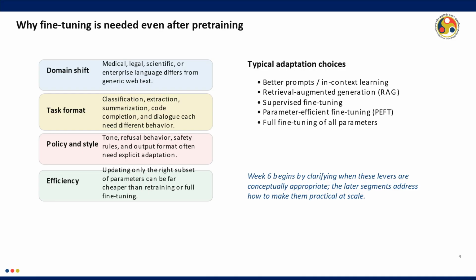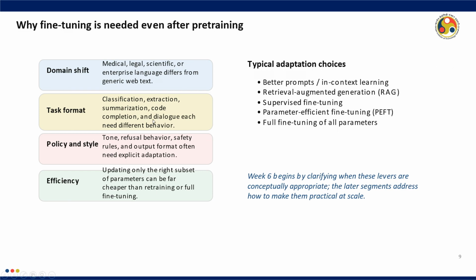So we have to do fine tuning, right? Fine tuning is required for better performance of these LLMs due to domain shifting, and also due to task format, whether we are applying it for classification, for extraction, or for summarization of documents. Some of the LLMs are deployed in organizations which do only this job of summarizing the documents that are coming, right?